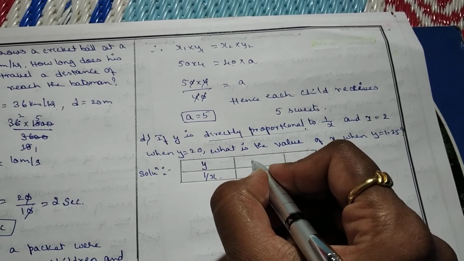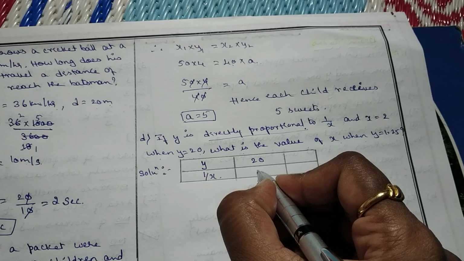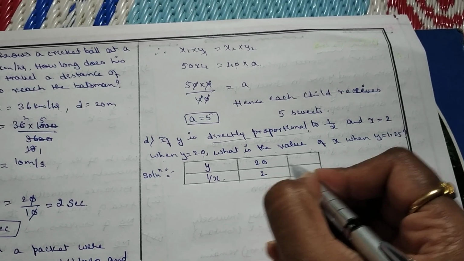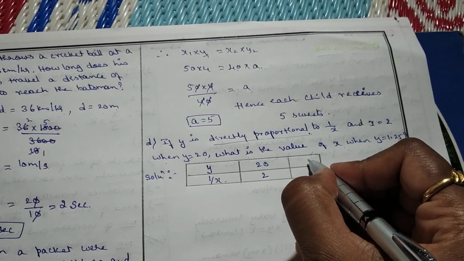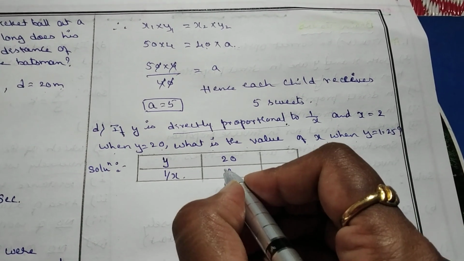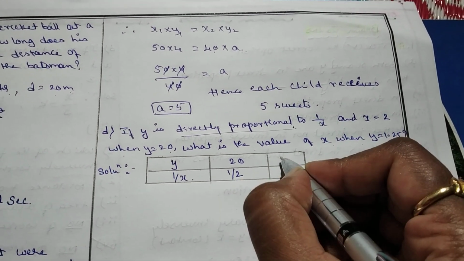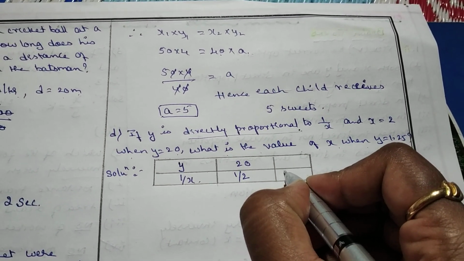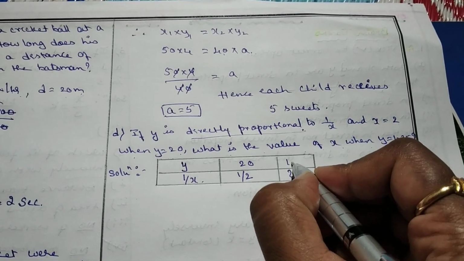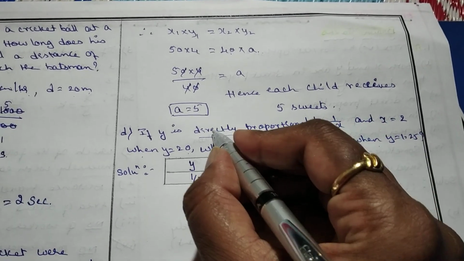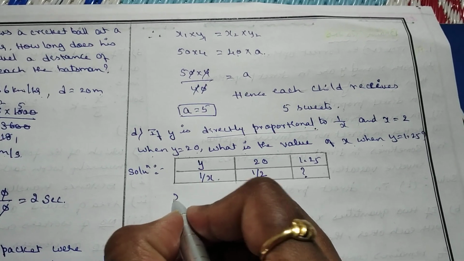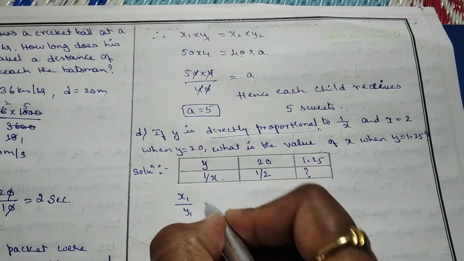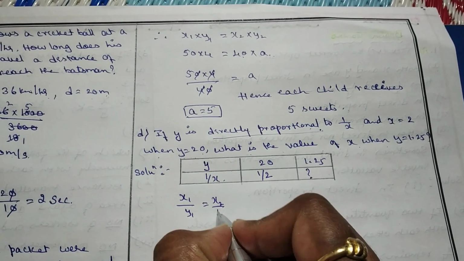The value of y equals 20 when x equals 2, so x equal to 2 means I can take 1 by 2, and find the value of x when y is 1.25. Here direct proportion is given, that is x1 by y1 equal to x2 by y2.